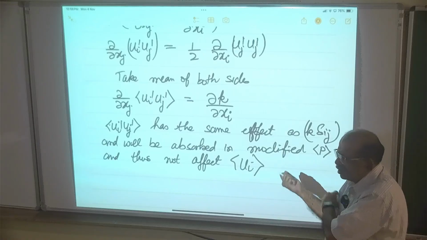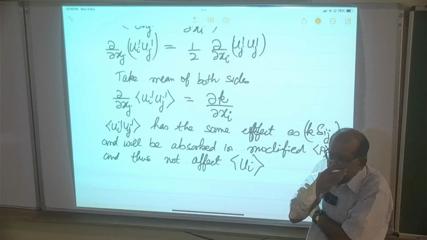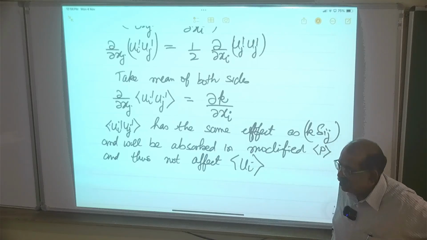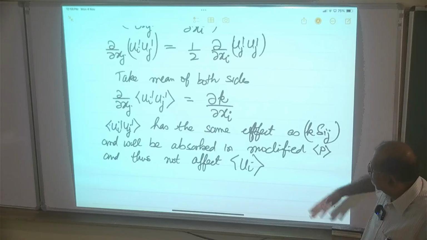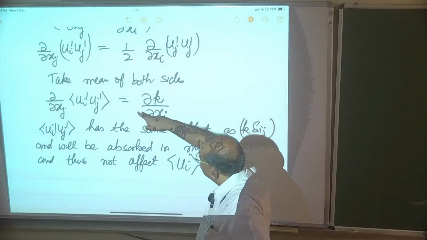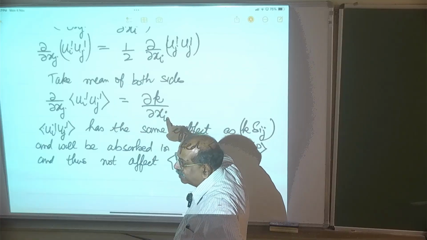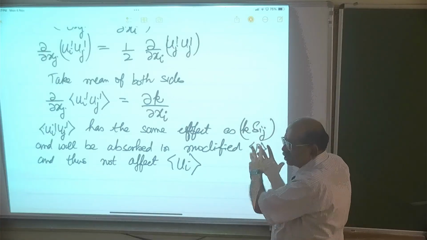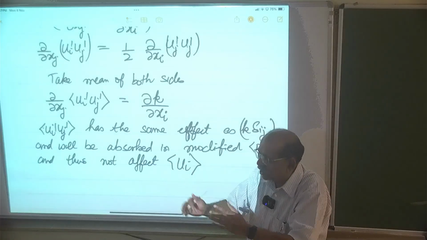This is a very straightforward thing, but the reason I am doing this is, we have earlier shown that if the flow is irrotational, then turbulence cannot occur. And this is mathematically showing the same thing, that if it is irrotational, then the Reynolds stress terms take the gradient form of kinetic energy. And therefore they can be clubbed with the pressure term, and there will be no Reynolds stress terms as such in the equation.